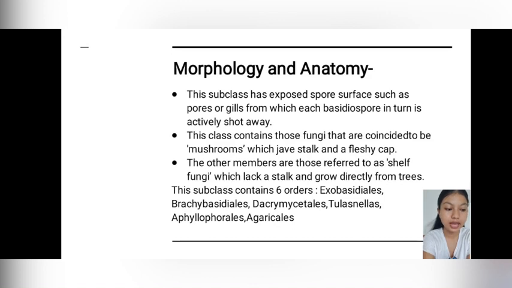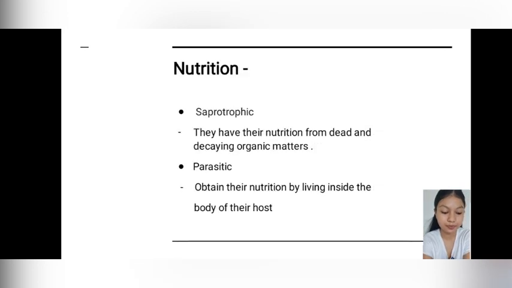This subclass of fungi have aseptate basidia, exposed pore surface. This subclass has 6 orders. They are Exobasidiales, Brachybasidiales, Dacrymycetales, Tulasnellales, Aphyllophorales, also known as Polyporales, and Agaricales.